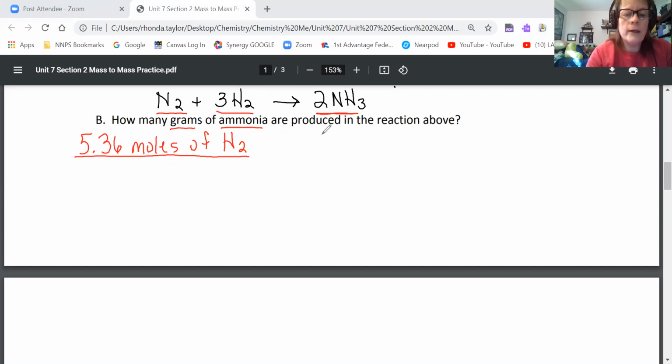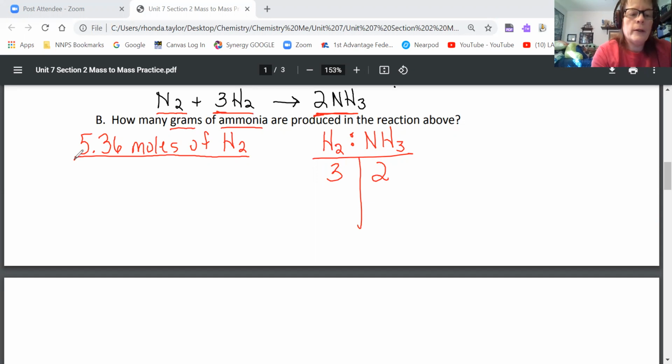We are using hydrogen, and we're trying to figure out our ammonia amount. All right, so in our equation up here, it's a 3:2 ratio. But we know we have this many moles that we're working with for hydrogen, 5.36. And we're trying to figure out how many moles of ammonia that we have.